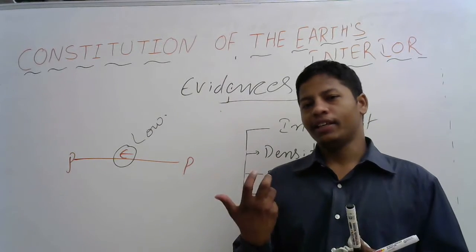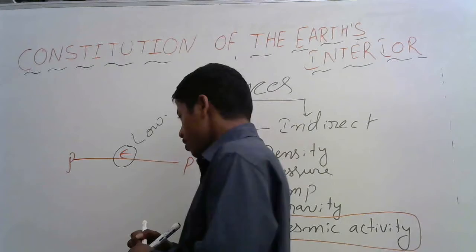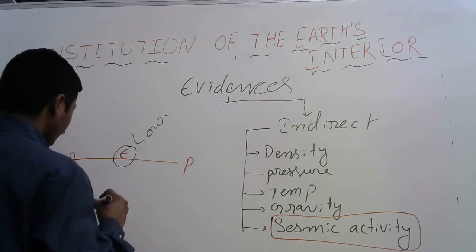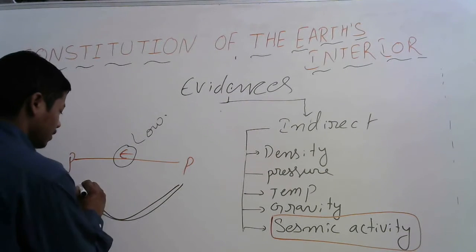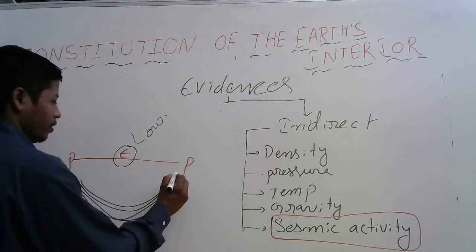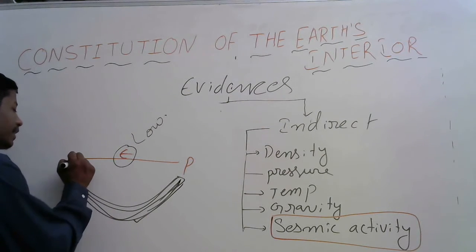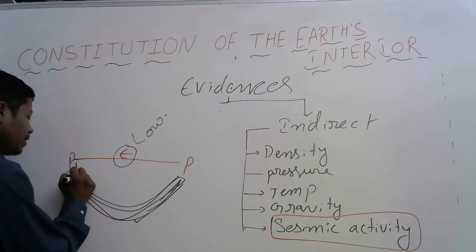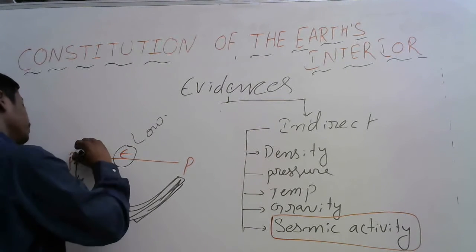What is the gravity of the earth? It is because of the molten material; this molten material gives the gravity. The distance between the molten material and the poles is less, so there is high gravity at the poles.